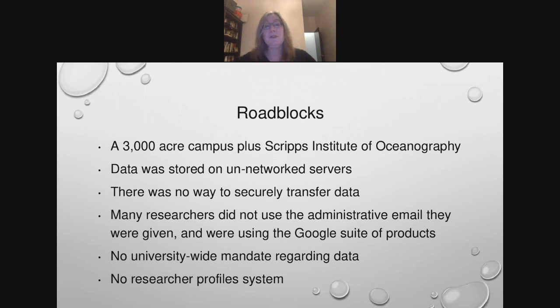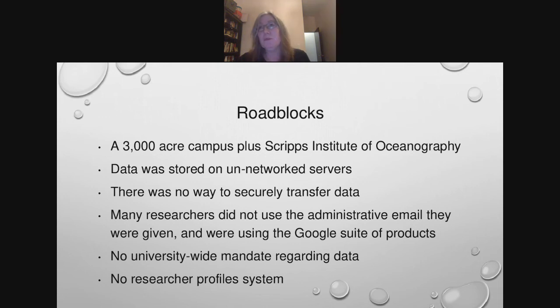There were some interesting roadblocks with UC San Diego. It's a huge campus. It's 3,000 acres, the main campus. We were also serving Scripps Institute, which was down the hill via a bus ride. The campus was bisected by canyons, so it was very hard to get around. Data was stored on unnetworked servers much of the time.